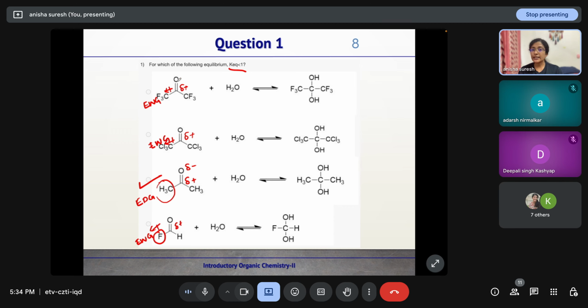Because of that, these compounds will be more reactive. They can undergo addition at a faster rate and lead to formation of the product. So here the formation of the product is more feasible than that of the starting material, and the K equilibrium can be greater than 1 in cases 1, 2 and 4.